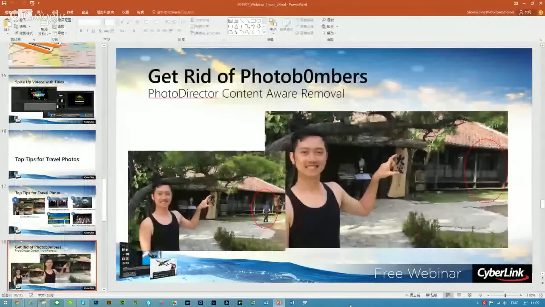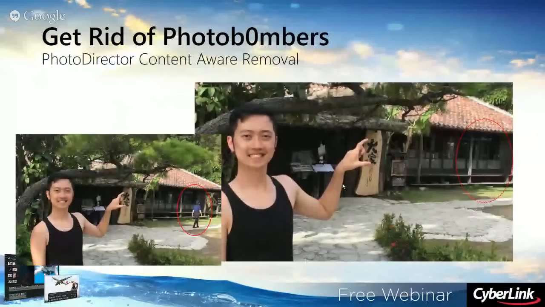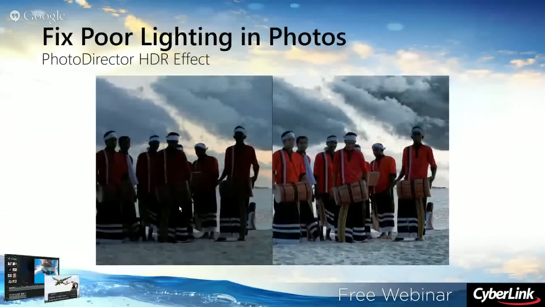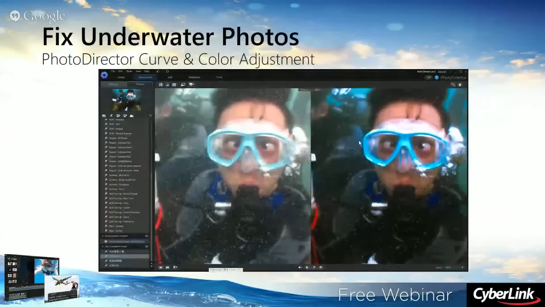So a quick catch up again for the PhotoDirector demo. The first one is getting rid of photo bumpers. So we're using the content-aware removal tool. And the second one is using HDR effect to heal the backlighting photos. And the third one is using the color adjustment tools to correct the color and how to create a preset with PhotoDirector so that I can use on other photos.